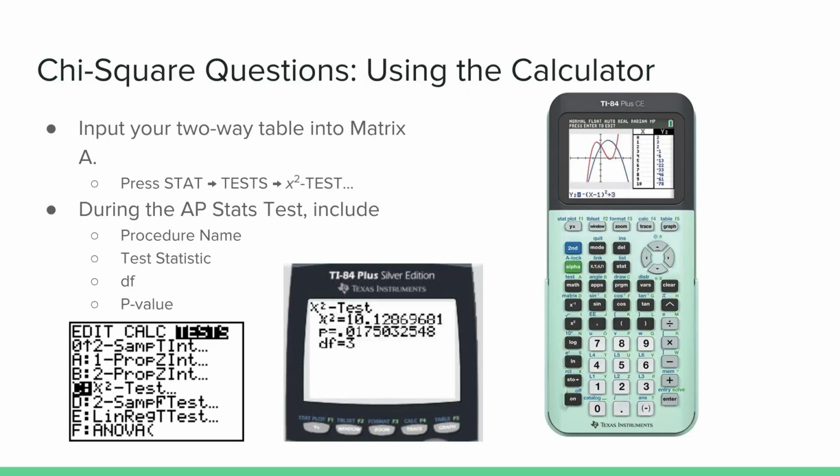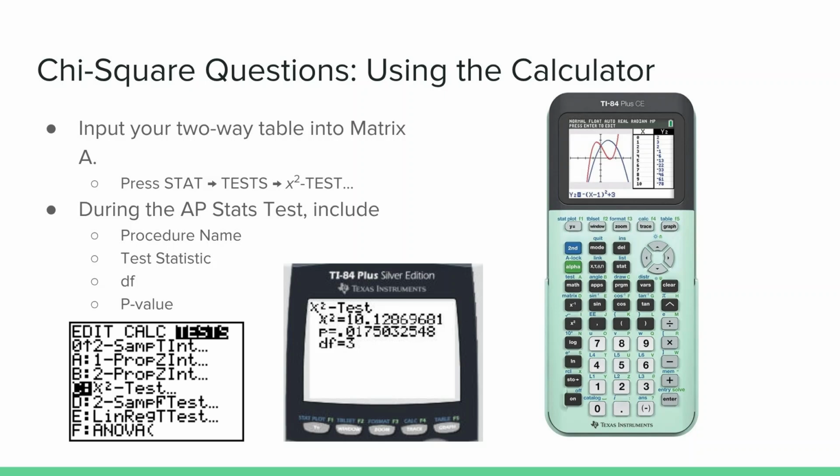Now, to solve this, it would be beneficial to use a calculator in order to minimize mistakes. So you'd essentially input your two-way table into a matrix, and then you go to the stats part of your graphing calculator, and you'd find the chi-square test.